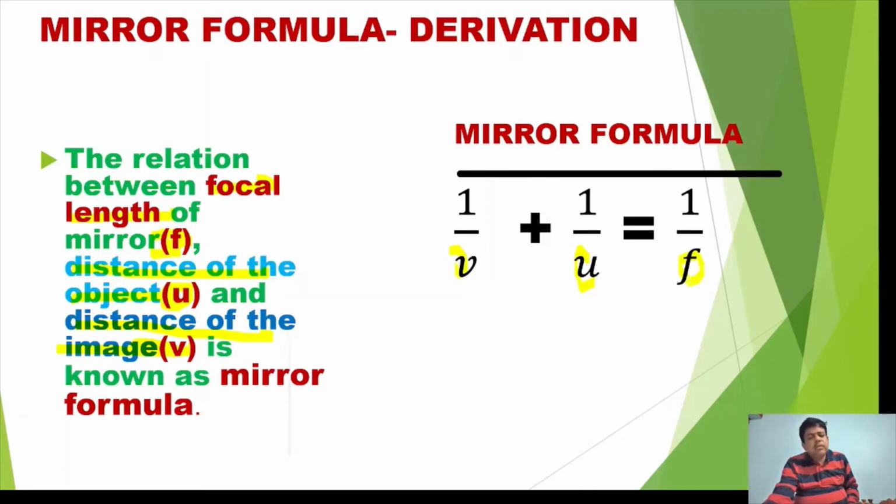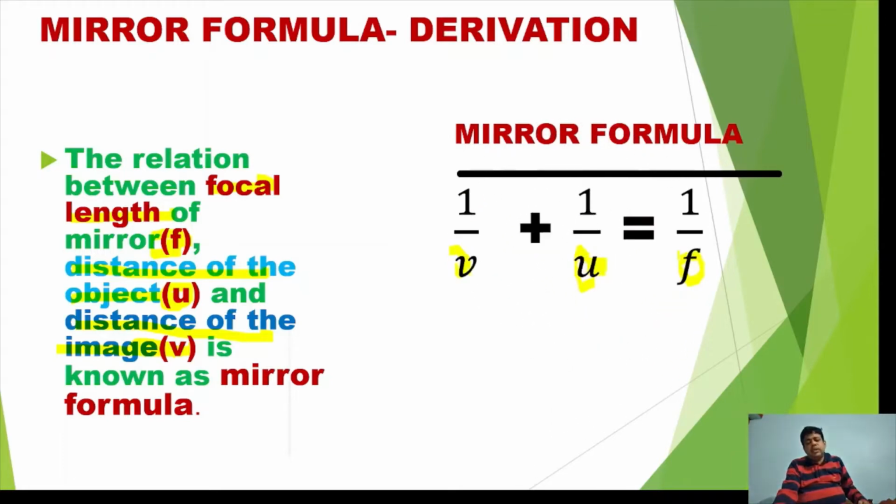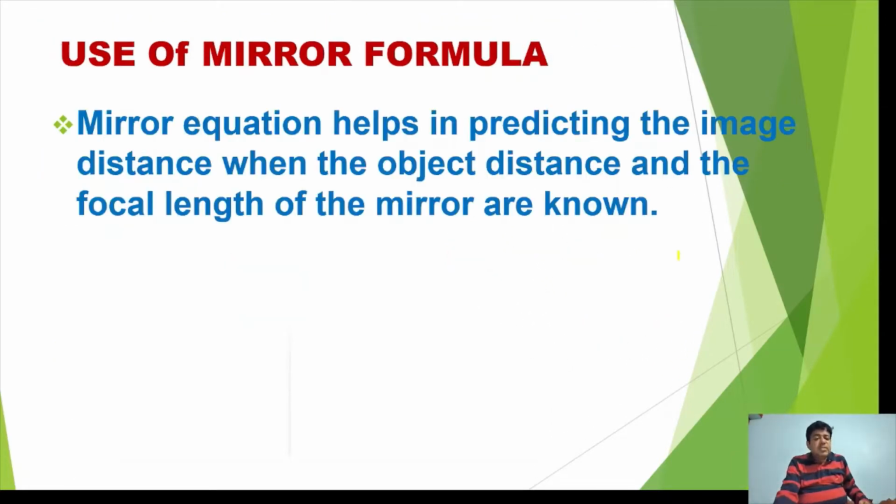With the help of these we shall get the mirror formula. So the mirror formula is a relationship among the three parameters: the image distance, the object distance, and the focal length. Is it clear? So what is the use of the mirror formula, students?